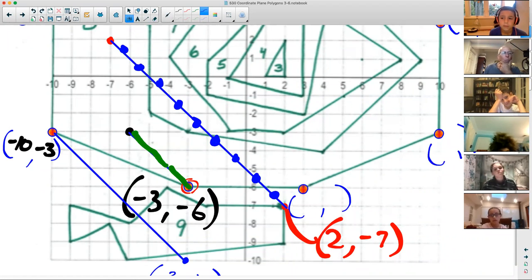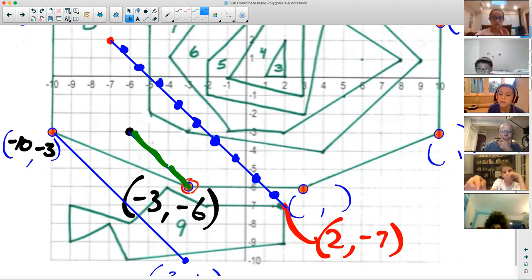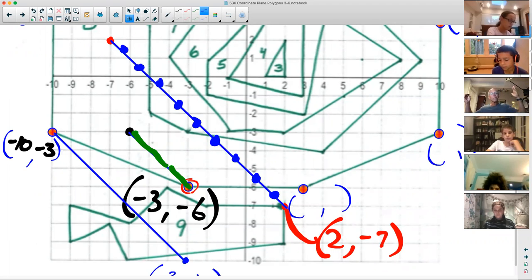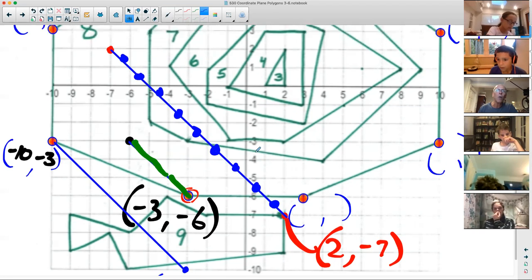Can anybody tell me why they are 9 diagonals apart? Adalia, what do you think? Because it's a mix of negative and positive numbers. Now, guys, Adalia might very well be right. But you know what?